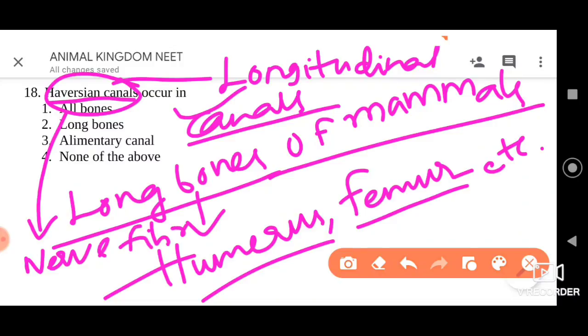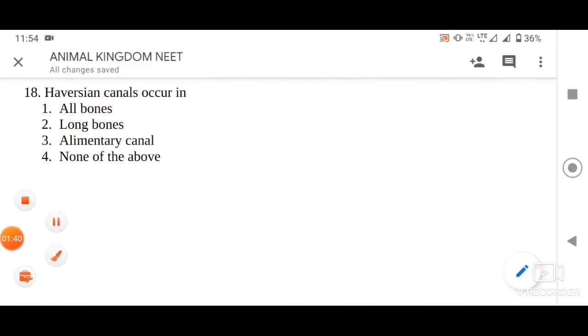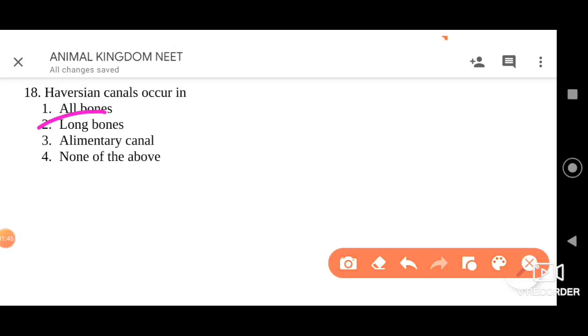Along with the nerve fibers, even capillaries can also be present, 1 or 2 capillaries in each of them. So we can say that Haversian canal is a part of the long bones. So in the given options, the correct answer we have to go for is option 2, my dear friends.